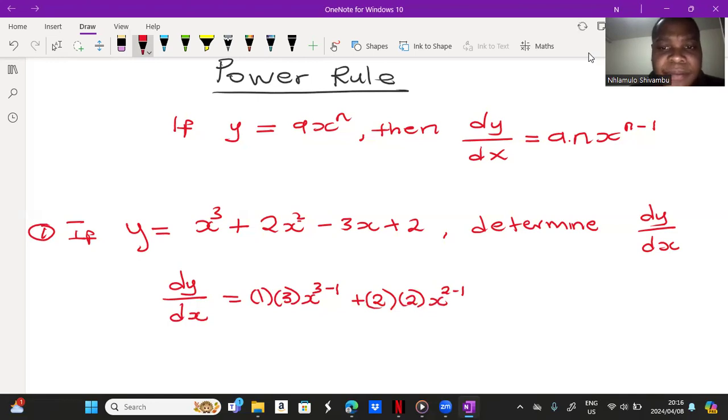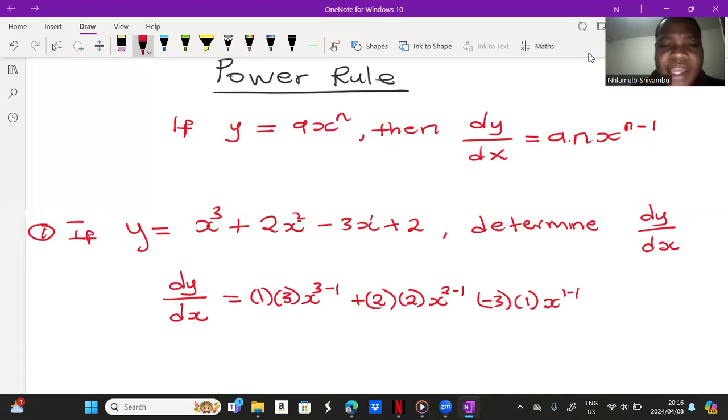In the third term, the coefficient is minus 3. So we're going to have minus 3 times the exponent. The exponent here of the variable is 1. The 1 is there, but it's invisible. So that's going to be 1 times minus 3, x, and then we also subtract 1 from the exponent, so this is going to be 1 minus 1.